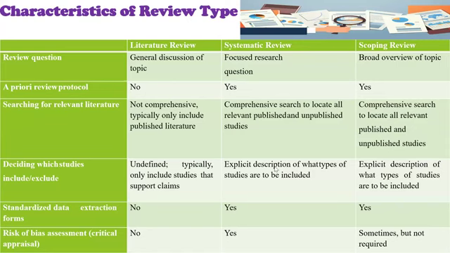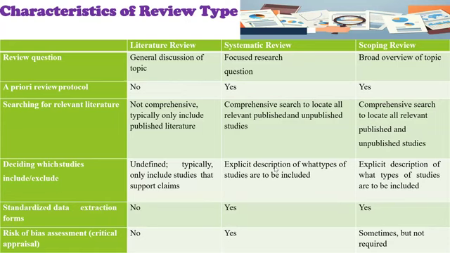You must use Scopus, you must use Web of Science and the likes, just to make sure that you're able to get a lot of studies that will make your paper very robust. Also, on the issue of inclusion and exclusion criteria, in the literature review there's nothing like inclusion and exclusion criteria. While for systematic review, you need to have your inclusion and exclusion criteria.